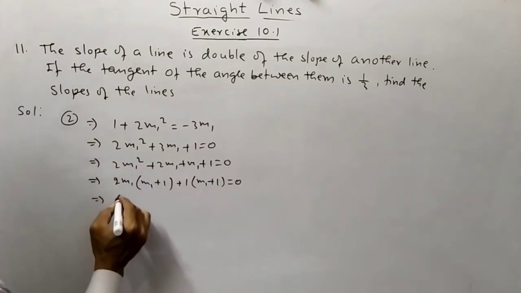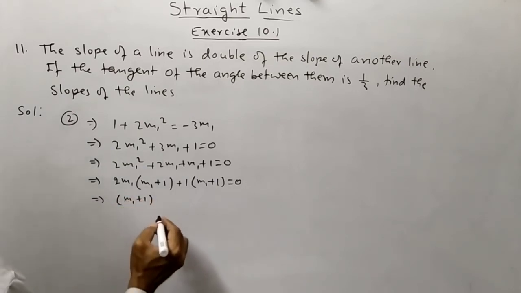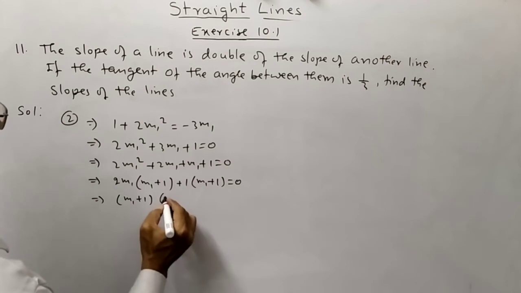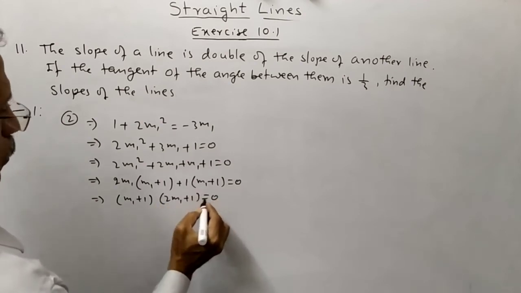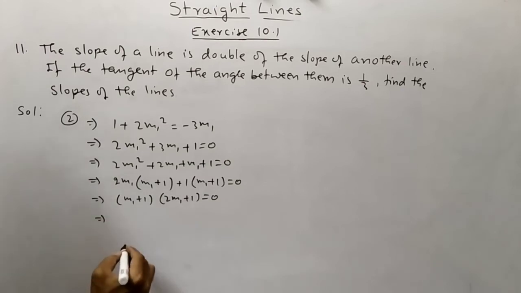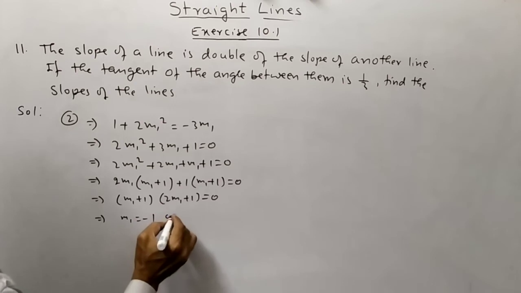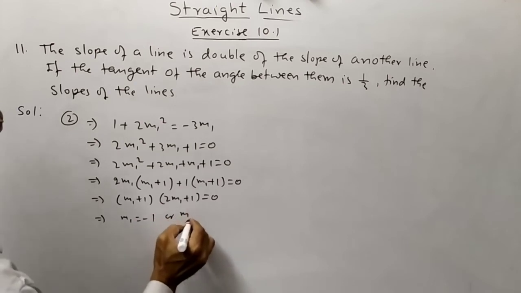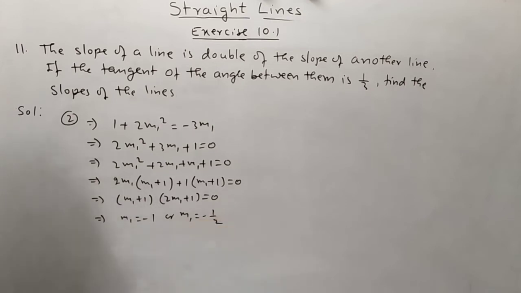Again we can take m1 plus 1 common from both the terms. We will get 2m1 plus 1 is equal to 0. This implies m1 is equal to minus 1 or m1 is equal to minus 1 by 2.